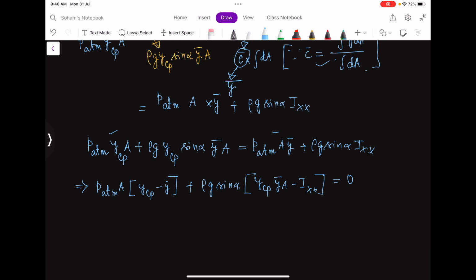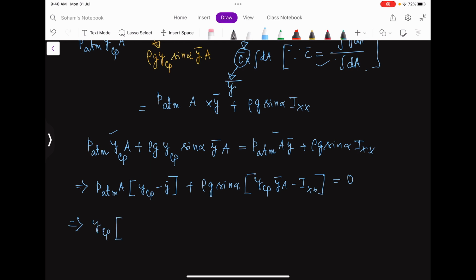So now from this equation only you can find the value of ycp, right? So if I directly consider this p atm A, p atm is constant actually, so let me directly take this ycp common.